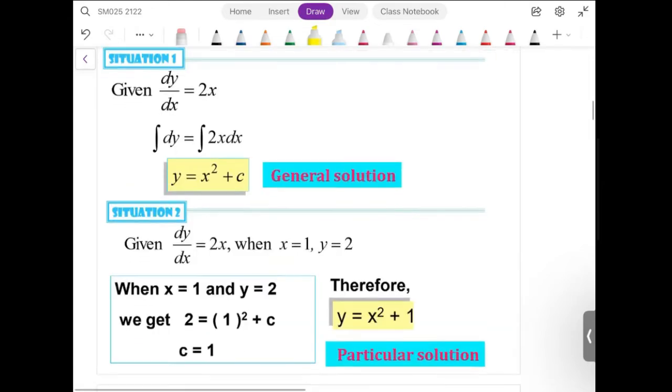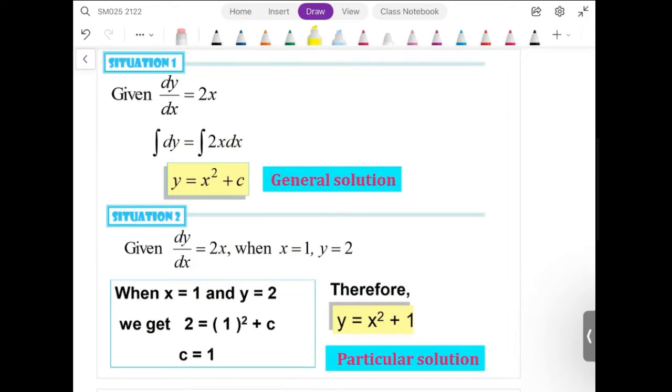Okay. So these are the situation, the example. So for situation 1, kita solve tak ada initial condition in the question. So leave it as plus C lah. Itu yang dia dapat dalam box tu. General solution. Y equal to x squared plus C. That's example for general solution. Okay. But for situation 2, even though we have the same differential equation, but then they provide initial value or initial condition in the question.